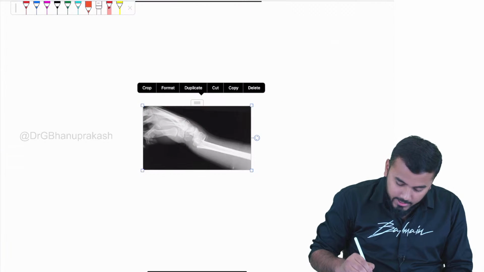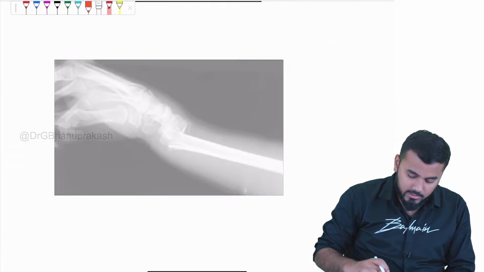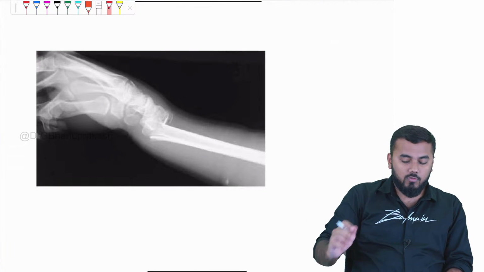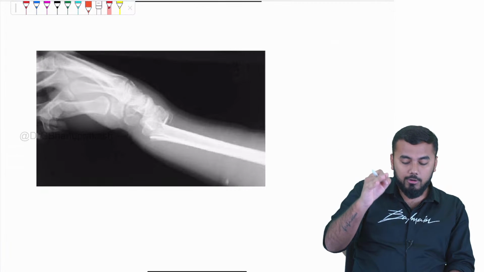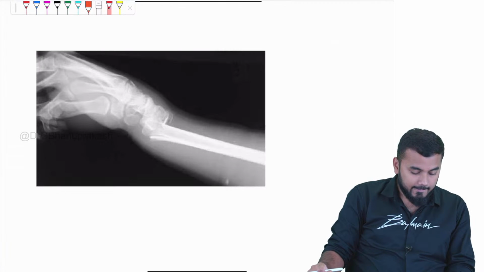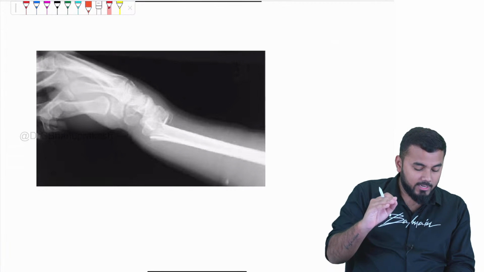Now you will tell me again. What is this? Is the radius pointing upward or downward? Is it upward Smith or downward Colles? It is not Smith.